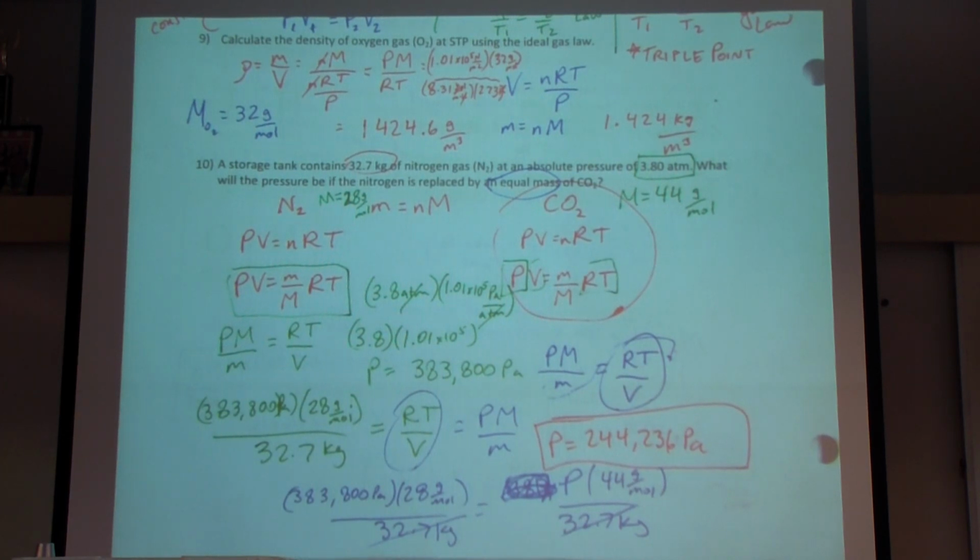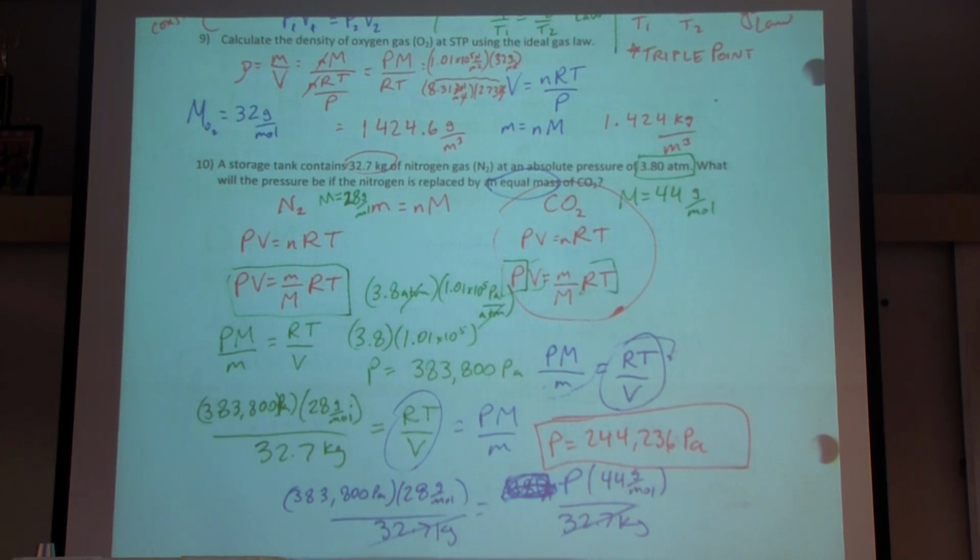Okay? Let's ask ourselves if this makes sense as well. We have this lighter nitrogen gas, and we're going to replace it with heavier carbon dioxide. Same mass of each. What's going to happen if the temperature stays the same? If the temperature stays the same, then the pressure has to go down, because this gas is suddenly heavier.